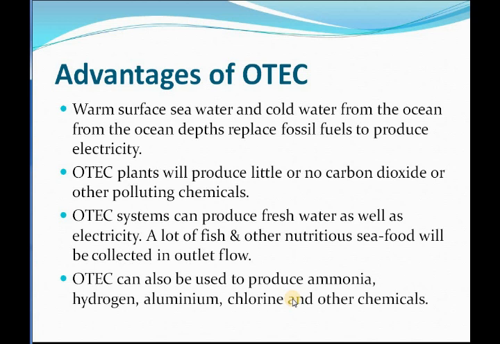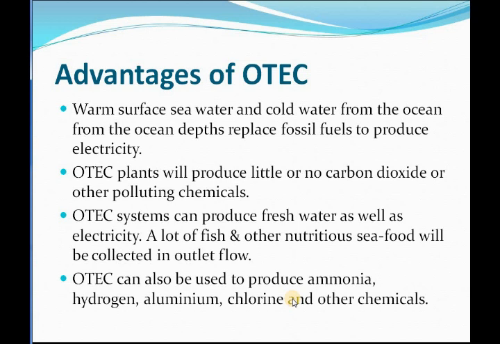Okay, when you are connecting these OTEC plants in the nearby seas or oceans, you may also get a lot of nutritious seafood at the outlet. So in one way you are also collecting seafood, and also the working fluid you are using, ammonia, is also used for producing hydrogen, aluminium and chlorine at the end of the process after the condensation.